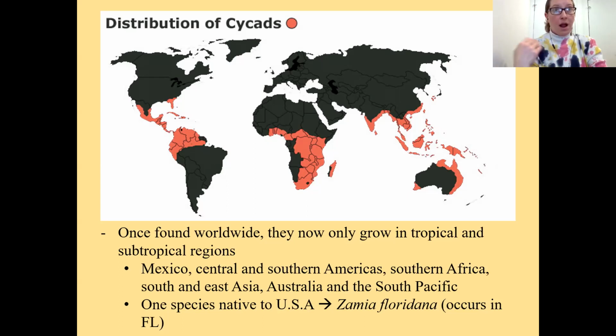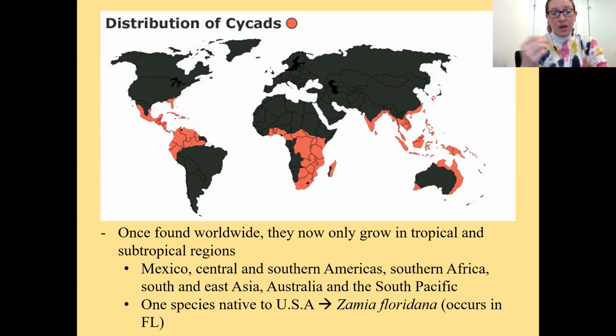And if it occurred here after the 1700s, it's considered non-native or exotic. That's a really arbitrary time point to pick, right? Obviously it has to do with the colonization of North America by Europeans. So what does that really tell us? It doesn't tell us anything about the plants per se. It tells us about what people decided in terms of a time point.